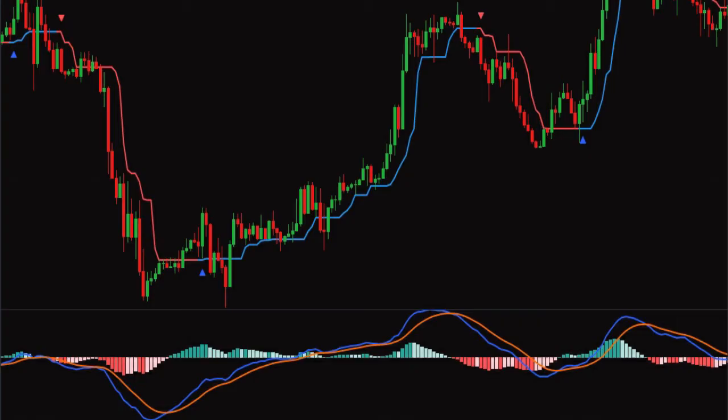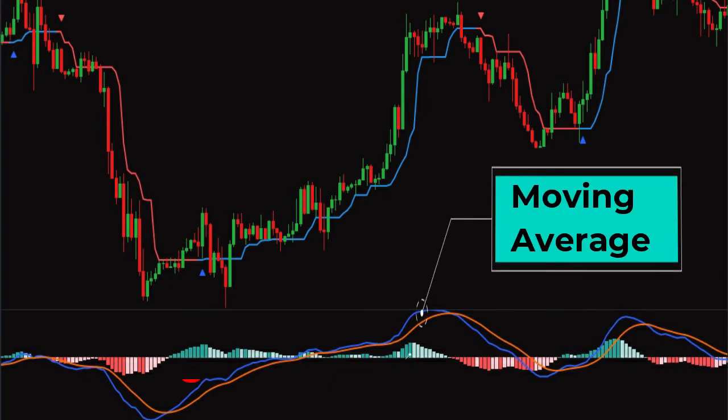Now after adding MACD, do you buy at the same point? Or do you wait for a bullish crossover to take place above the zero line? So at this candle you take a buy trade, which will end in a profitable trade. And if you are new to MACD, I will give you a short idea about it. The MACD indicator works using three components, two moving averages and a histogram.